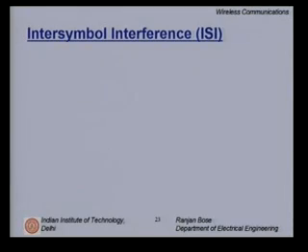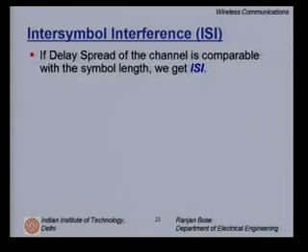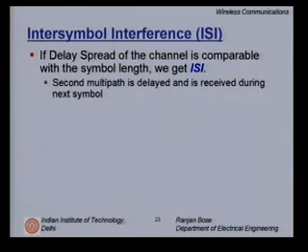Now, in the last couple of slides, I would like to mention intersymbol interference, a direct consequence of delay spread. If the delay spread of the channel is comparable with the symbol length, we get ISI, or intersymbol interference. The second multipath is delayed and is received during the next symbol.